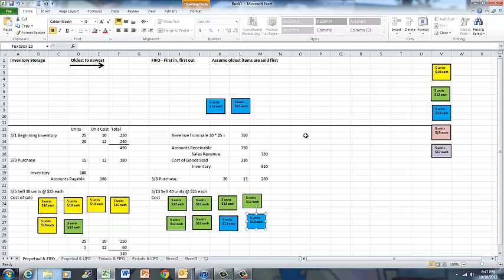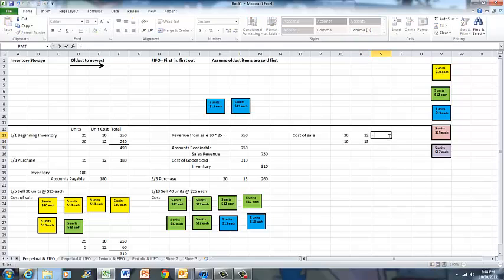So for our sale on March 13th, we can now calculate the cost of the sale. We have sold 30 units that cost $12 each. You can see here, green 5, 10, 15, 20, 25, 30. So we have 30 units that cost $12 each, plus another 10 units that cost $13 each.